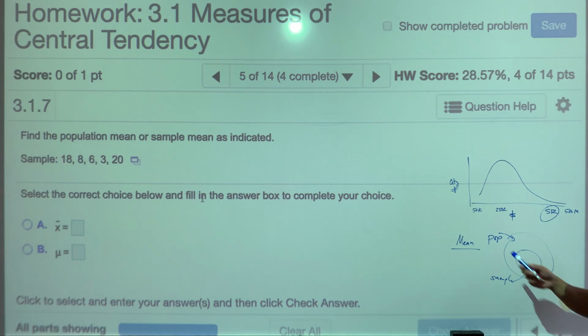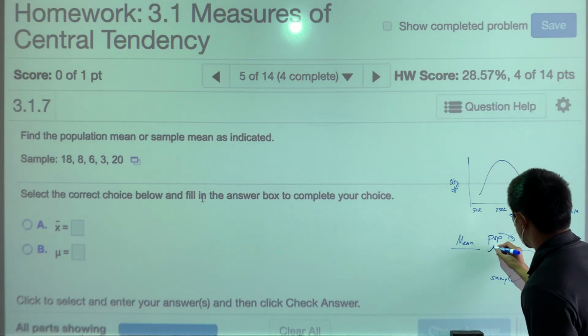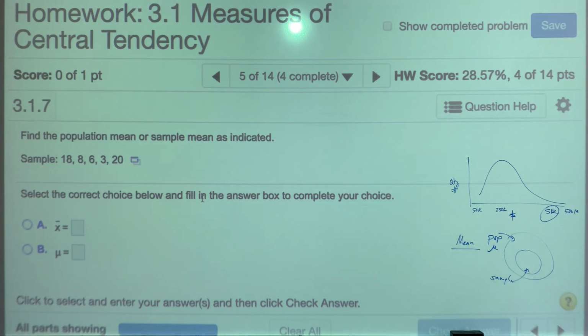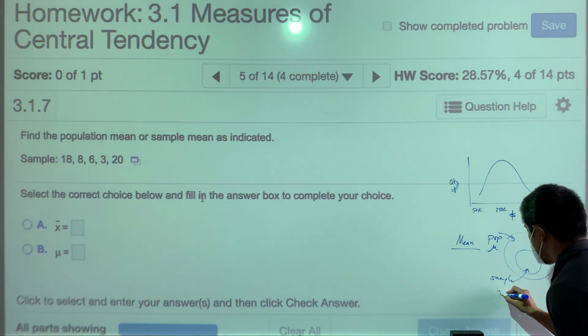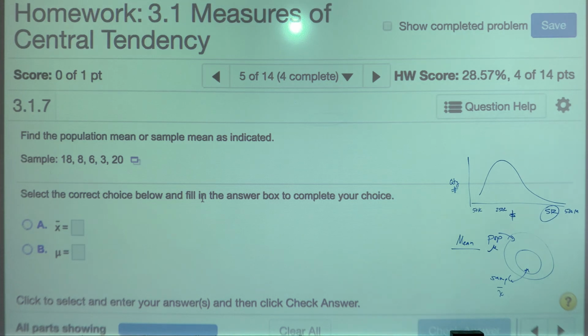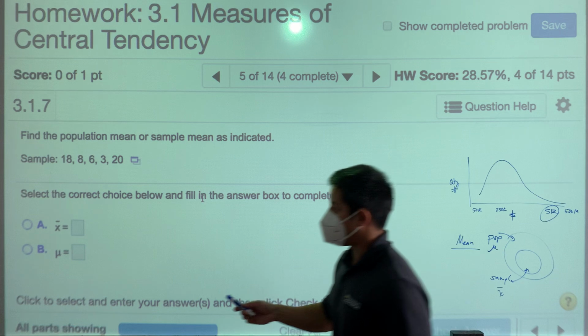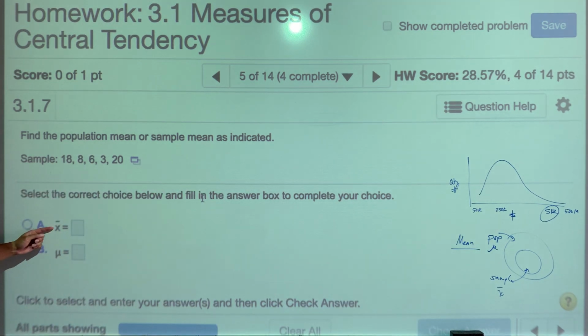But if we use the same symbol, we might confuse the population average and the sample average. So that we can more easily differentiate, we use this symbol to represent the mean of the population, and this symbol to represent the mean of the sample. So you gotta pay attention to that.